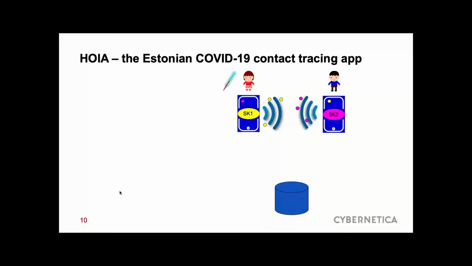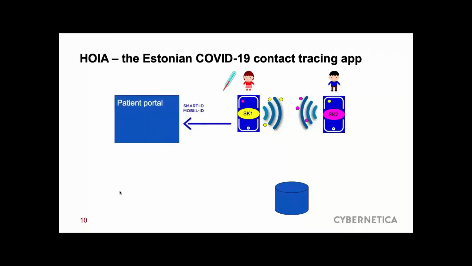If one of the people gets a fever, they suspect they have COVID, then they can get tested. And then if they get their test results, they know that they're infected, then they can authenticate themselves to the patient portal, much like I described before.